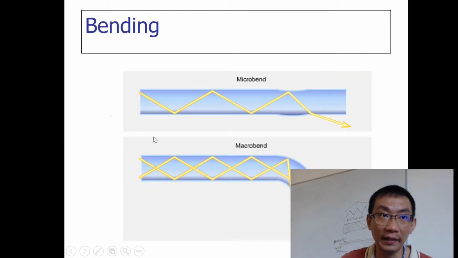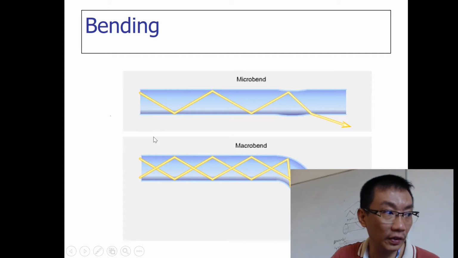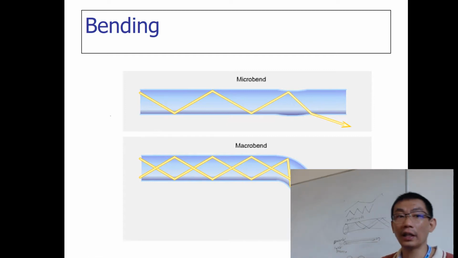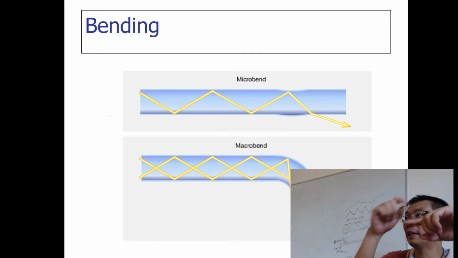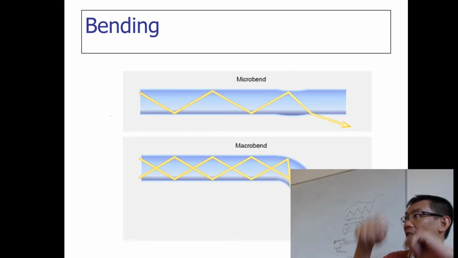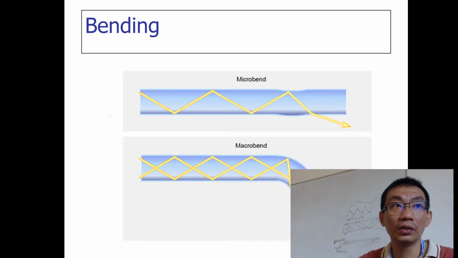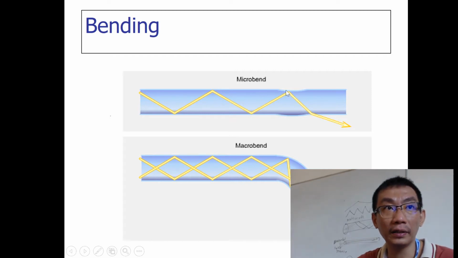Then you have bending. Suppose you have a fiber, you cannot bend it like a rubber band, cannot over bend it, okay? So this is a micro bend, that means that there's some impurity of bending here. So when the light signal goes here, and this one is macro bend.